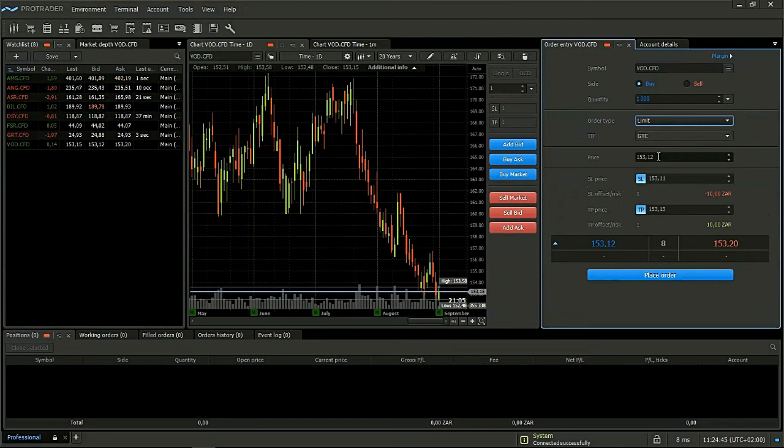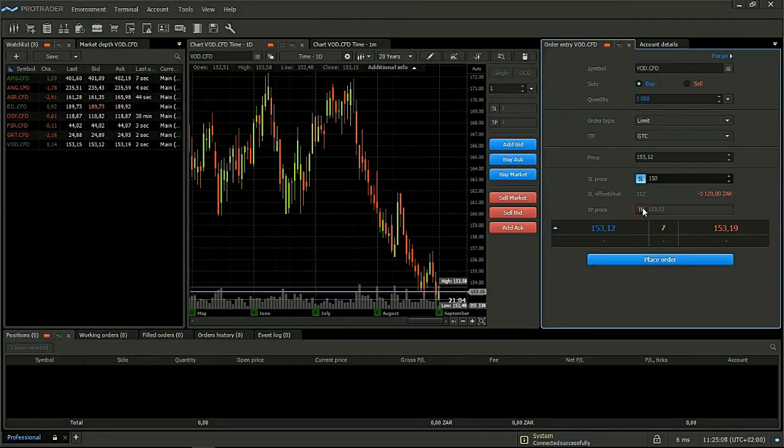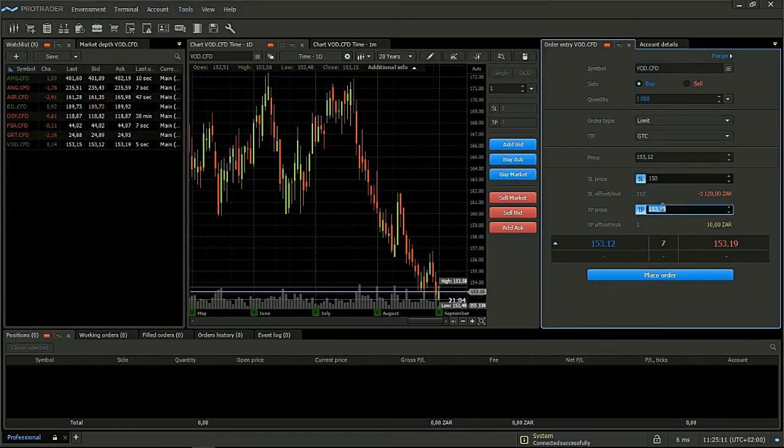If I choose limit, I can now select my own limit price, but the price of the share will have to reach my limit price before I physically get those shares. Next, stop loss. Stop loss is what I'm willing to risk. So I will add a stop loss price in for every trade, and take profit is my take profit level.